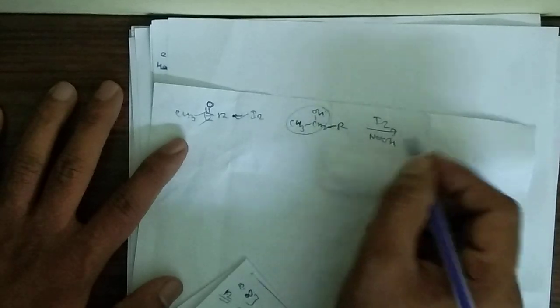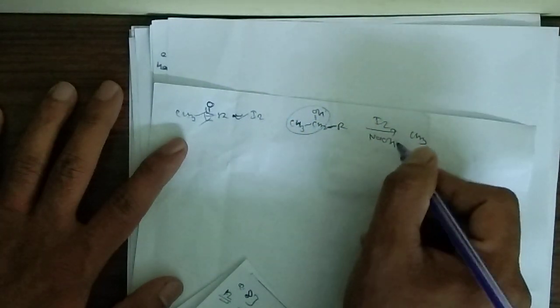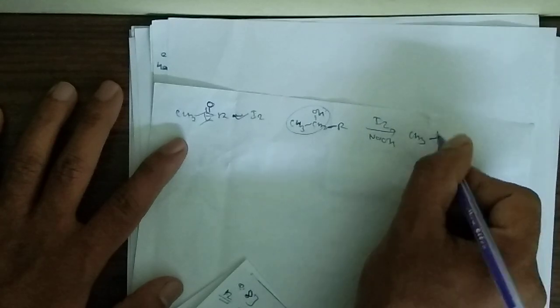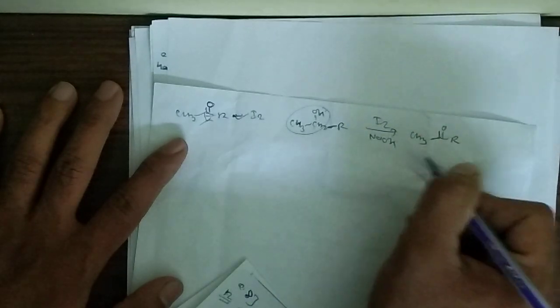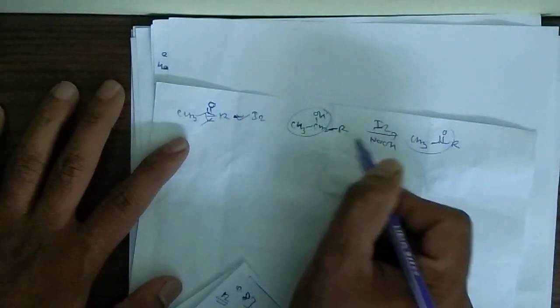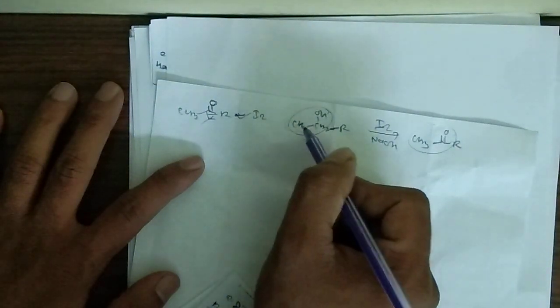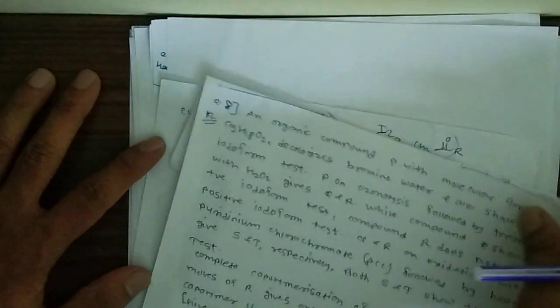Firstly, oxidation of that secondary alcohol happens, and it is converted to CH3 double bond O R, and this acetyl group gives the iodoform test. So if this group is also present, then it can also give a positive iodoform test. Now, here 9 carbons are there.